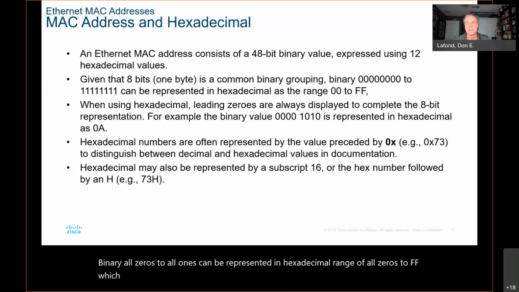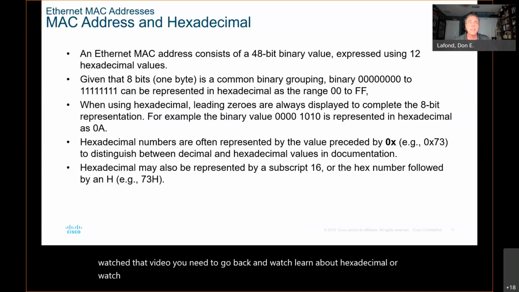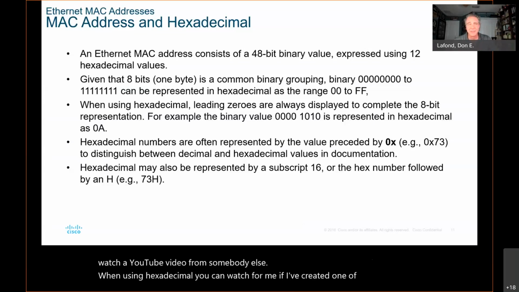We learned about hexadecimal, I believe, in Module 5. If you haven't watched that video, you need to go back and learn about hexadecimal, or watch a YouTube video from somebody else, or you can watch it from me if I've created one at some time in the future.